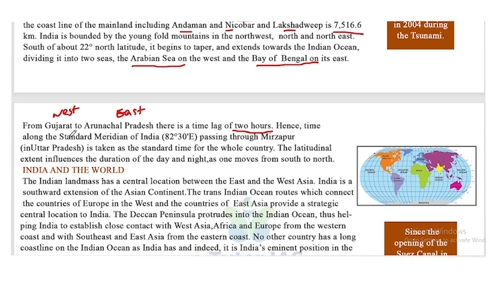Hence, time along the standard meridian of India, that is 82 degree 30 minute east, passing through Mirzapur in Uttar Pradesh, is taken as the standard time for the whole country.